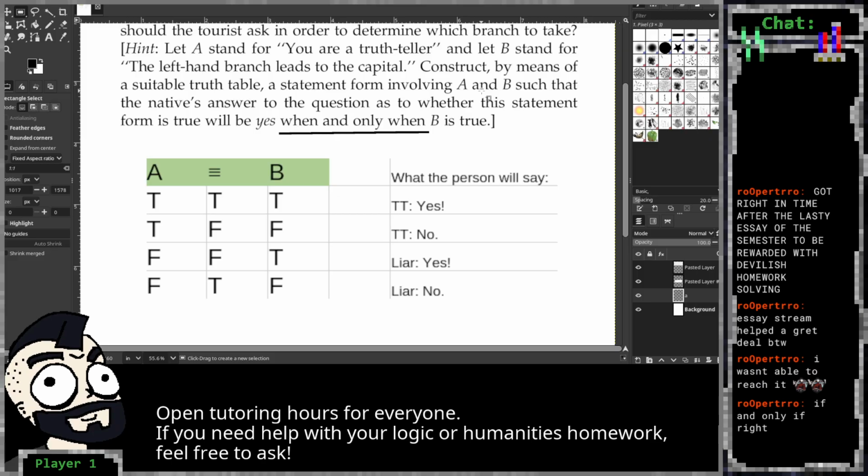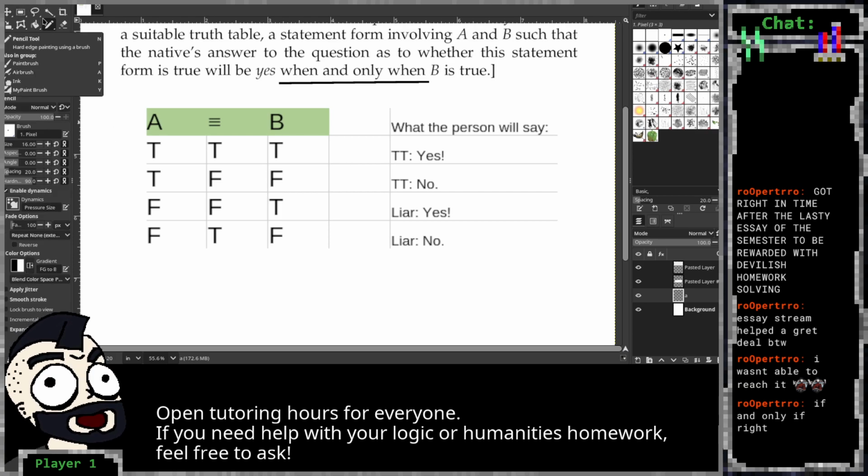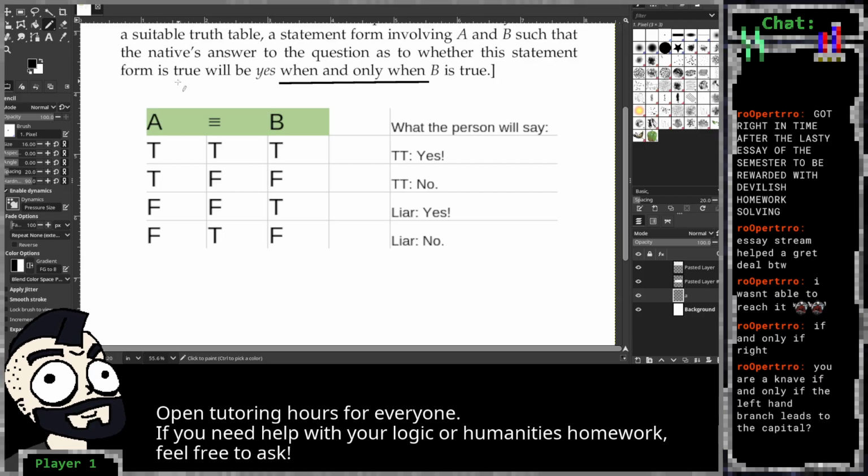The big conditional. Let's go through the possible cases. So the question we should ask is, are you a truth teller if and only if the road to the capital is the left one?